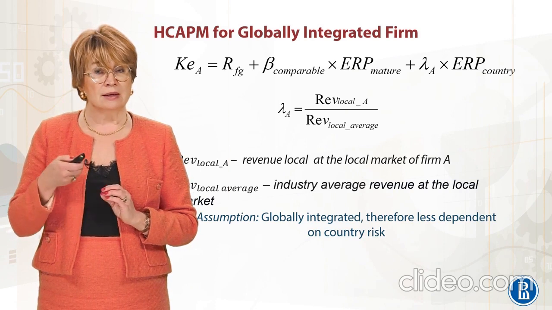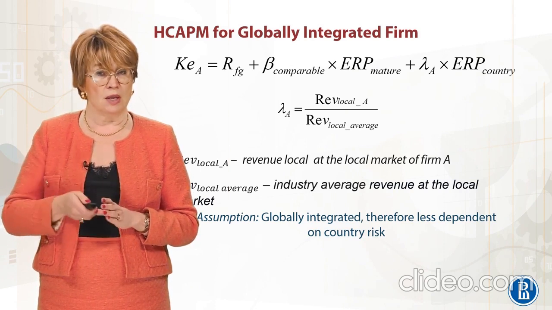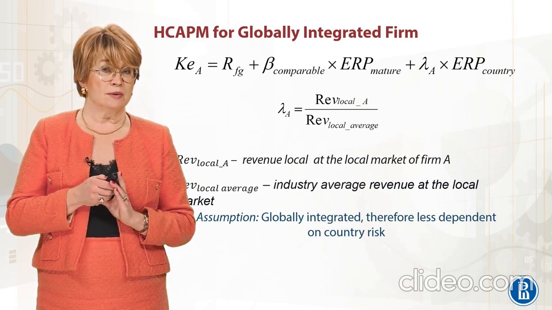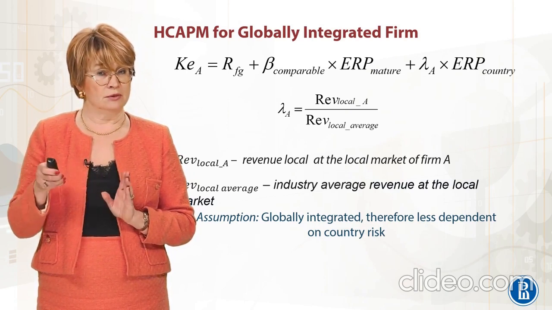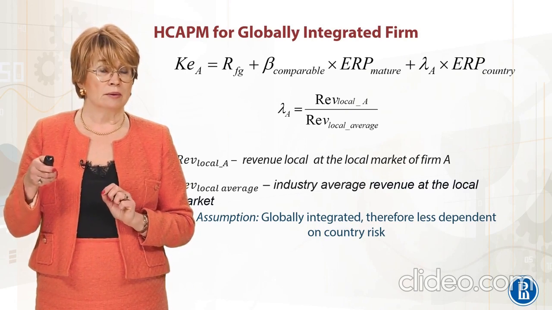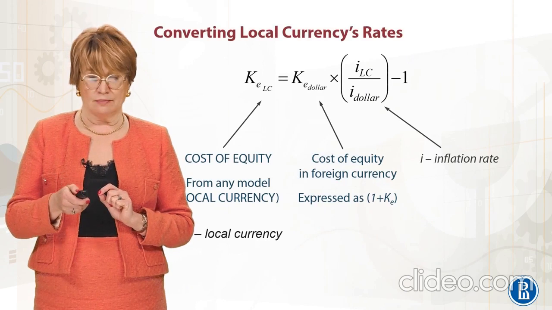Company A is less exposed to the local country risk factors than all other competitors with the same product in the same local product markets.